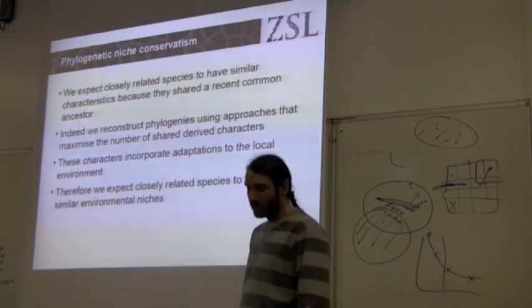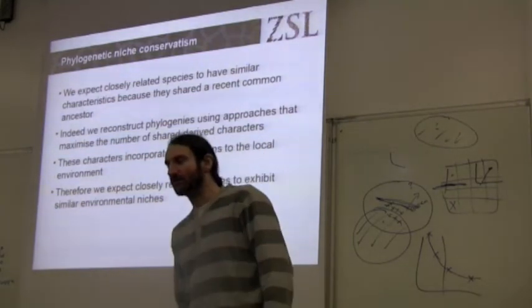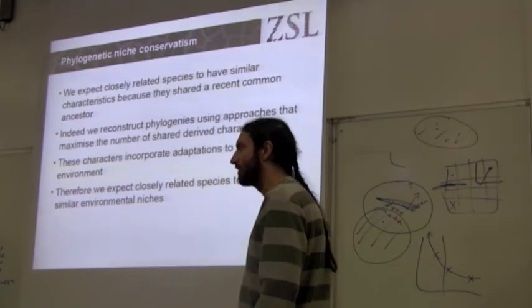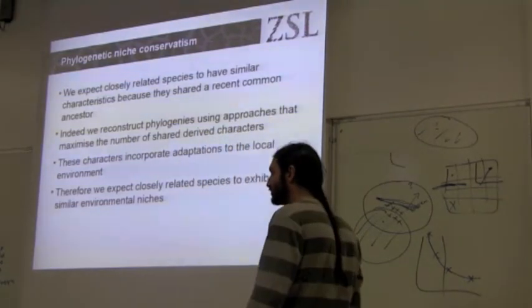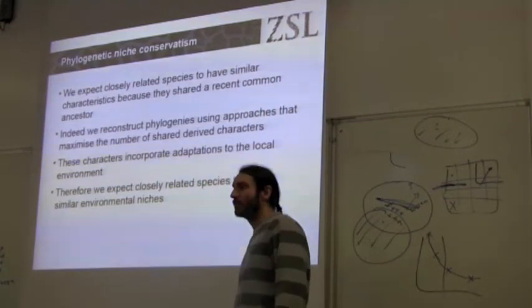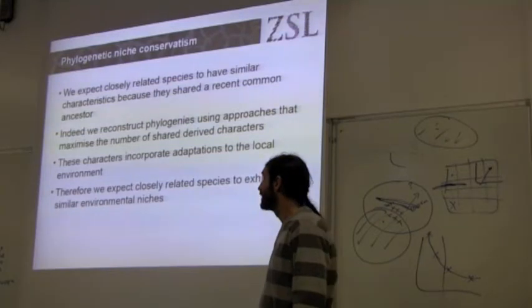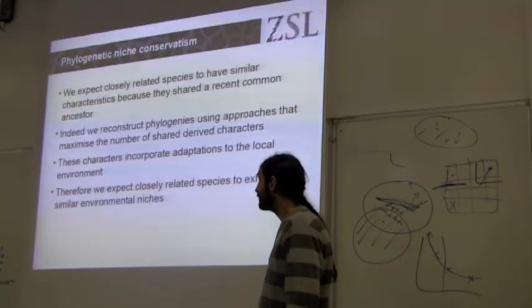Okay? And this is fundamental to our theory of phylogenetic reconstruction, that closely related species ought to share characteristics and traits that are adaptations to, among other things, their environments. Okay?